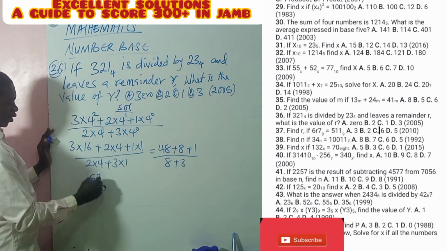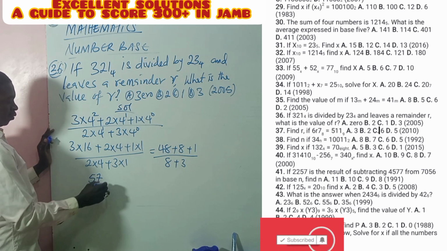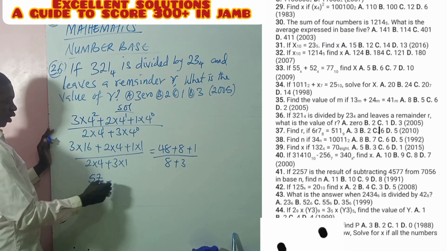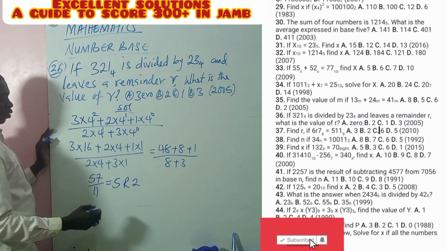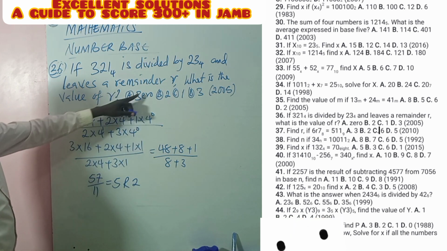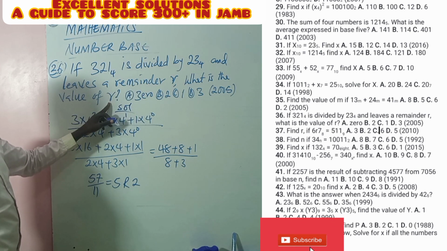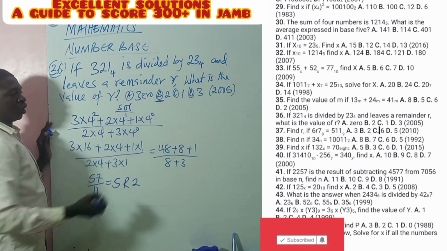So this is 57 divided by 11. 57 divided by 11, we are going to have 5, remainder 2. Since the question says find the remainder, the remainder is 2. If we look at our options, option B is the answer.